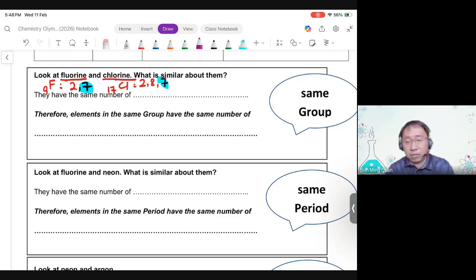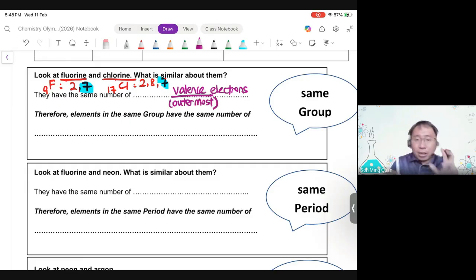So we say that they have 7 outer shell electrons, 7 outermost electrons, or more commonly, 7 valence electrons. So fluorine and chlorine have the same number of valence electrons, 7. Valence means outermost.